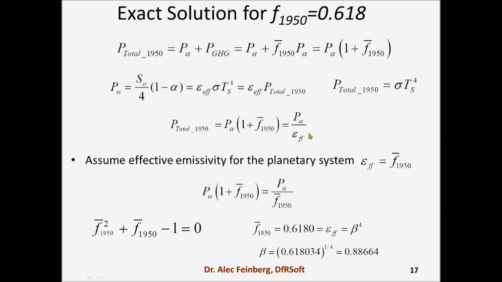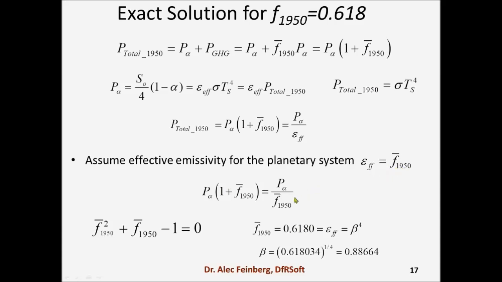When we do that and divide out by the emissivity, we end up with P alpha divided by the emissivity, and then we know that P total is also equal to this guy here, so we end up with this equation here. This is a fundamental equation that we're going to use now. And now we're going to assume that the emissivity value is equal to the re-radiation value.